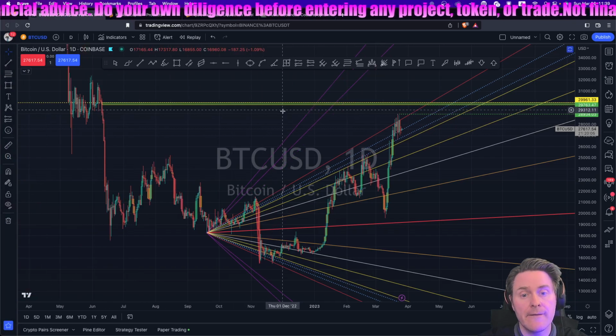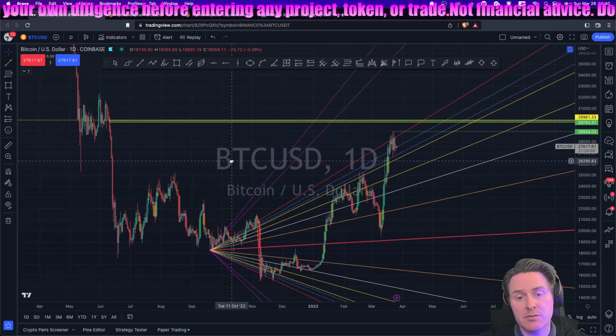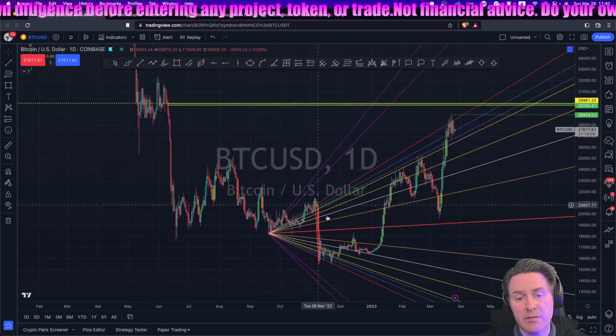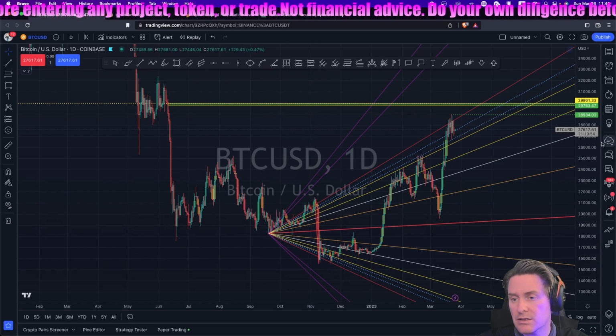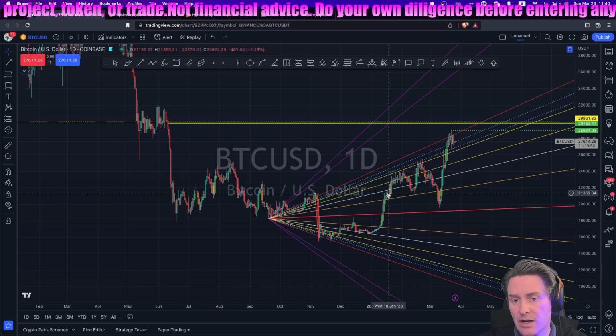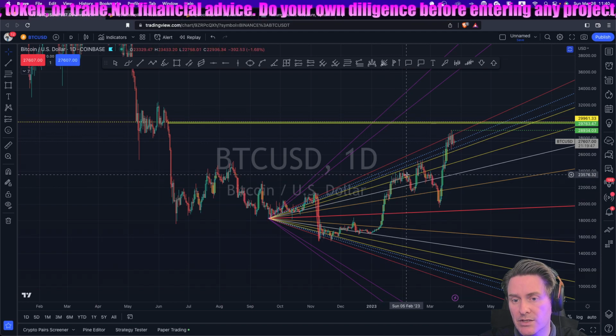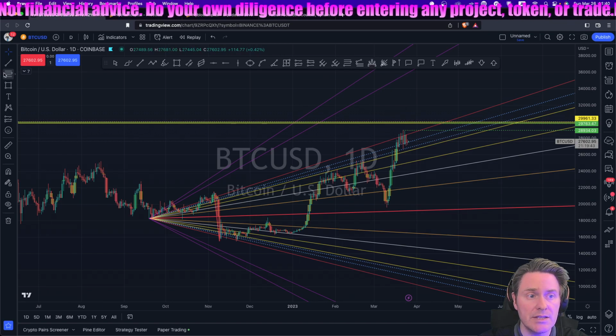All right, so BTC has been trapped in this little pitch fan that we've had up for, God knows, at least 2 months now. When it was caught in this ascending channel, we were catching this rise up on these fib levels on the pitch fan. How do you instantiate a pitch fan?